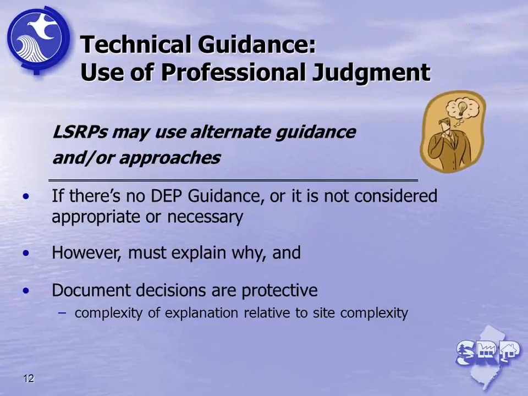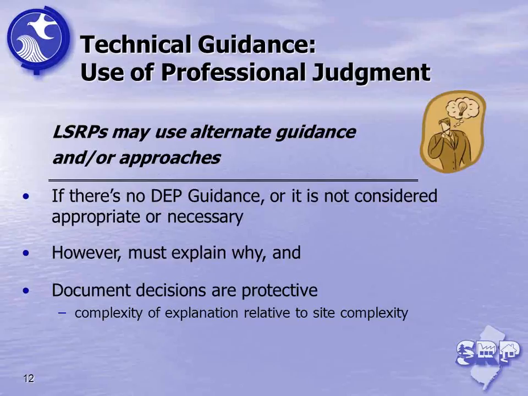Next slide, Joe. So as far as the application of guidance, LSRPs have the flexibility to use professional judgment. I think that has been one of the questions a lot of people have had. As far as regulation, they're allowed to use other guidance if there's no existing DEP guidance on a particular topic, or if the DEP guidance isn't considered appropriate or necessary. But it's necessary to explain what was done and why.